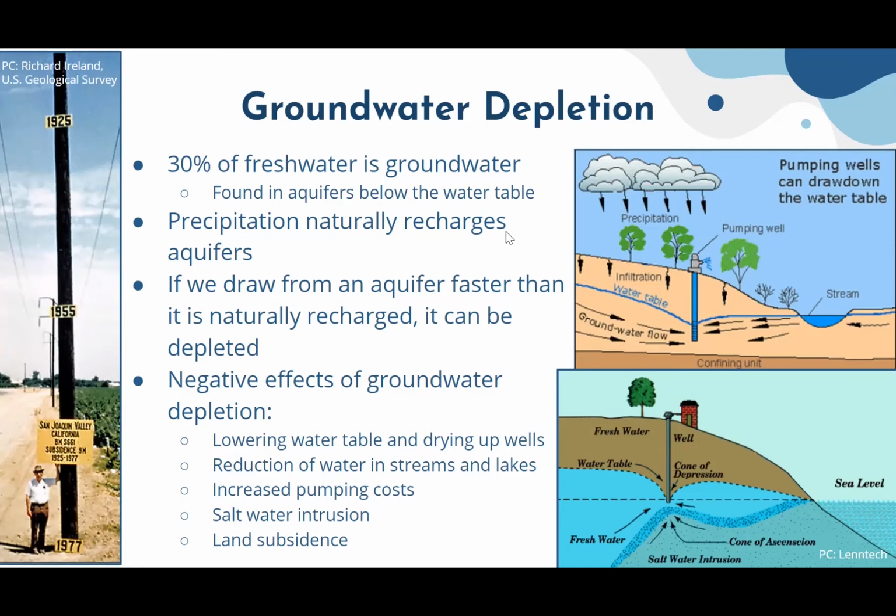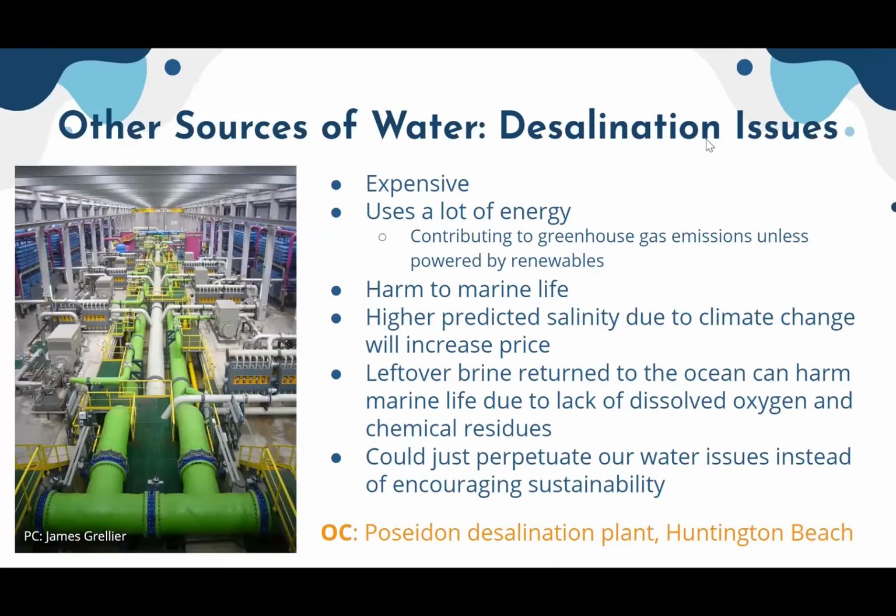So because of all of this groundwater depletion, we are looking for a lot of other sources of water, trying to conserve and things like that. One thing that people have been turning to as a solution is desalination. However, desalination comes with a lot of issues itself. So one of those things is that it is really expensive.